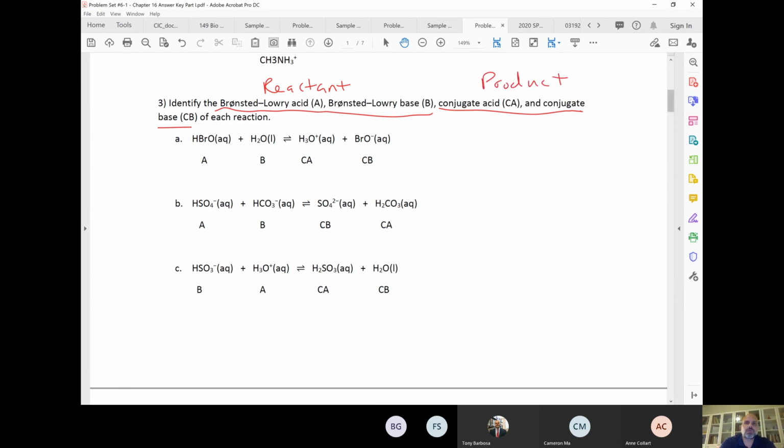So that's the first rule. Always recognize that the acid and the base react together to give you the conjugate acid and the conjugate base. So you don't want to mislabel just by doing that.